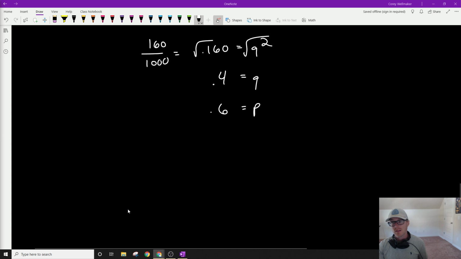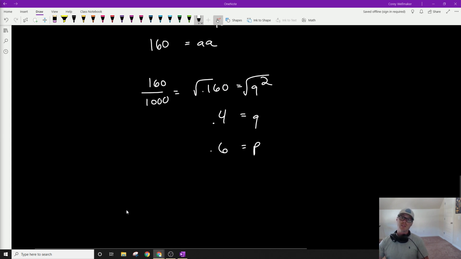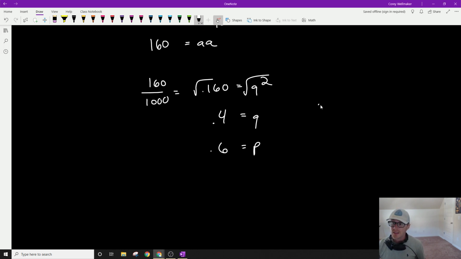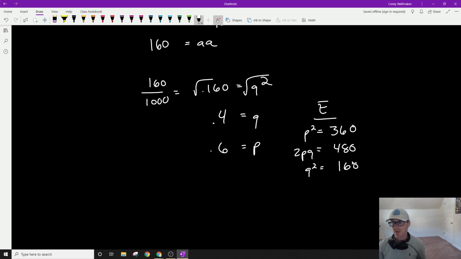But then we can use these numbers to estimate the expected values, right? So the expected values would be just the same as above. The expected P squared would be 0.36, which would be 360 individuals. The expected heterozygous would be 2PQ, which would be 480 individuals. And then obviously Q squared is what we actually measured, 160 individuals.